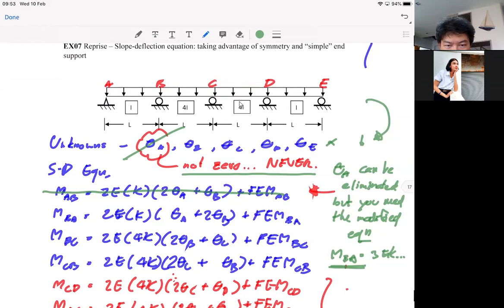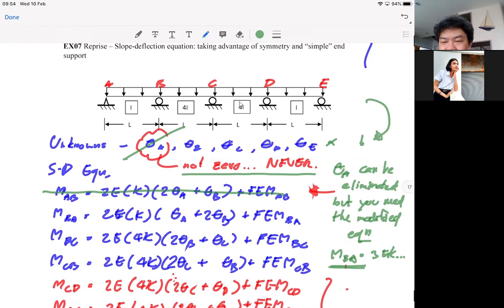Okay, and because things like this will come out every year, I want you to be able to do it. Engineers should be able to take care of symmetry. So you've got to be able to do it. And one more thing that I don't understand is, some may use symmetry or may not, whatever, and they solve it.